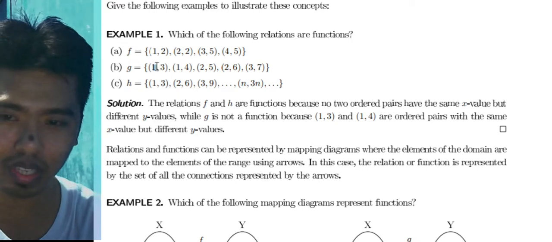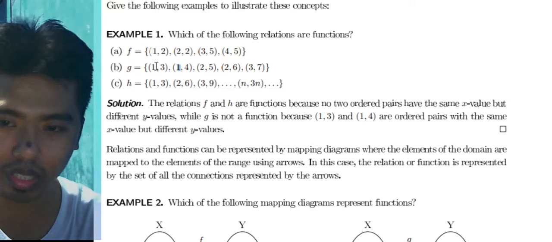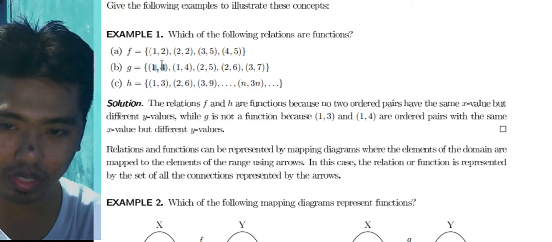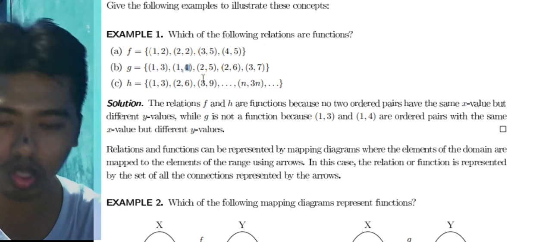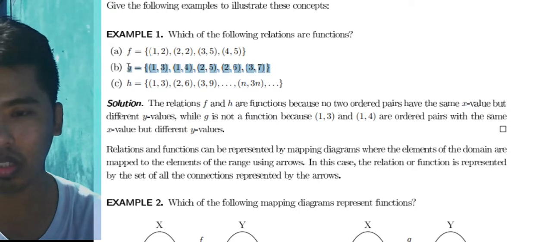Try to check in the x whether it repeats, because it has two targets. Here, 1's first target is 3, and the second target of 1 is 4. So it has two targets. That makes this example not a function, but only a relation. This letter B is not a function.